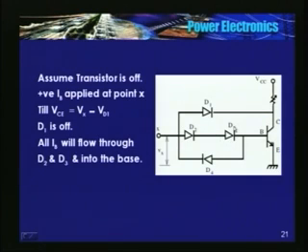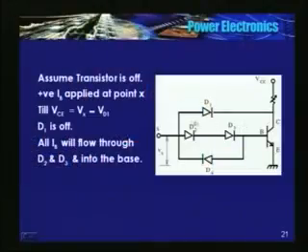But the voltage ratings of these diodes are different. D2, D3, D4 are low voltage, low current diodes. Whereas D1 should be a high voltage diode, because when the transistor is off, the cathode potential is the same as VCC.